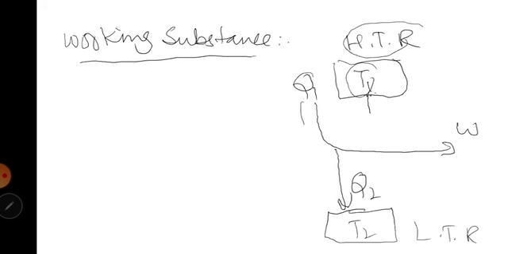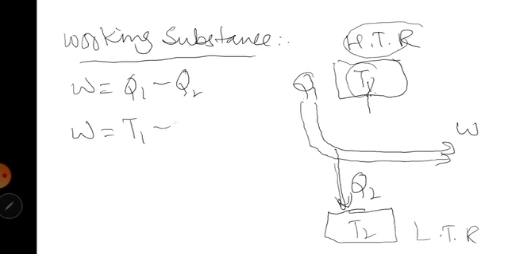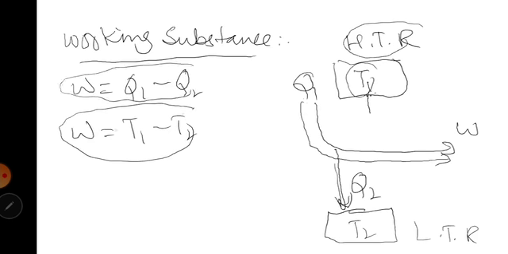So a part of this energy is used for useful work done, and the rest of the heat energy is rejected. So work is equal to Q1 minus Q2. Also, work is proportional to T1 minus T2. Both are correct; one is in terms of temperature, the other in terms of heat energy.